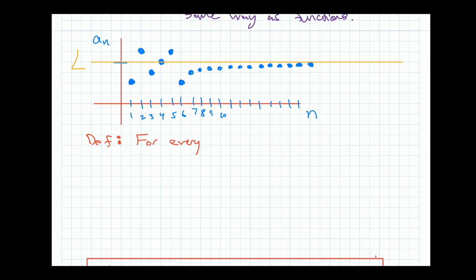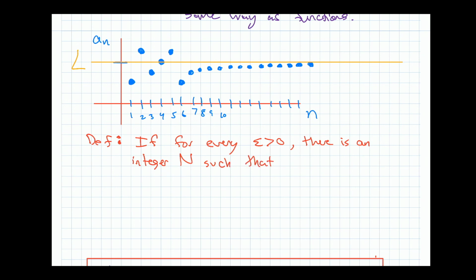For every epsilon greater than 0, that's just a small positive number, there is an integer, positive integer, capital N, such that little n greater than capital N, or greater than or equal, it doesn't matter how you write it, I'll just say greater, n greater than capital N implies that the absolute value of a_n minus L is less than epsilon.